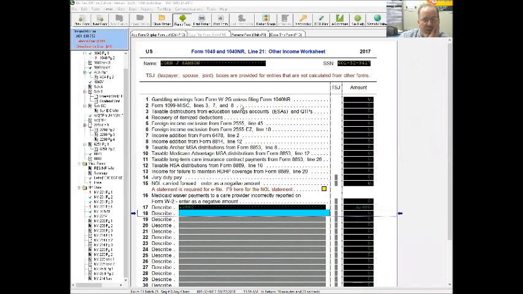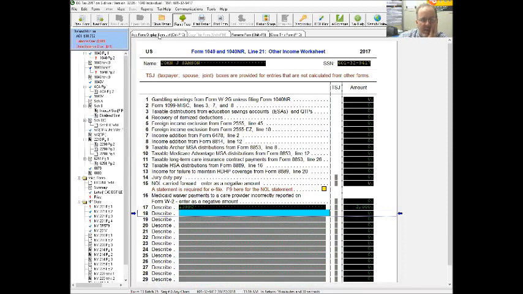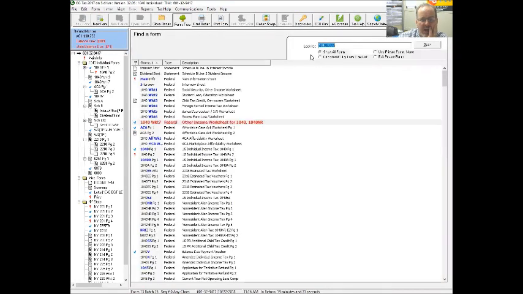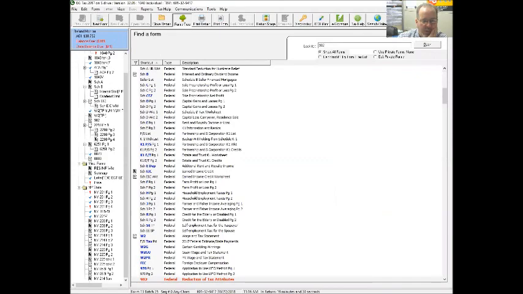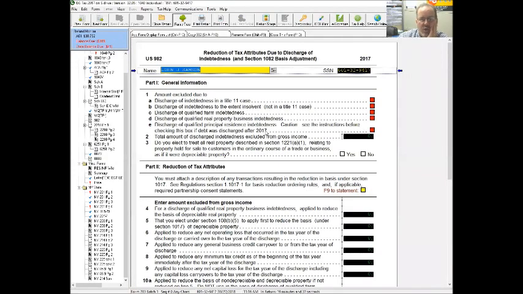I have the software on there, and I am going to go up to my Add a Form tab at the top. All right, and I'm going to know that I have to get 982. That's that form I was talking about. Okay, so it brings up my 982. If I look right here, discharge of indebtedness to the extent insolvent.